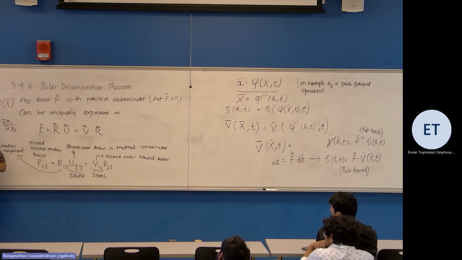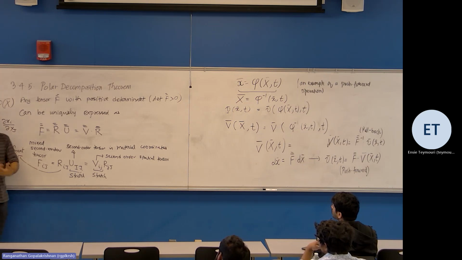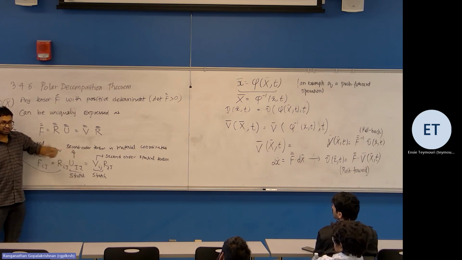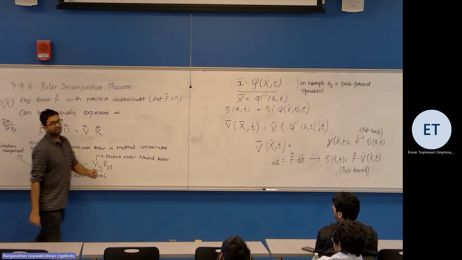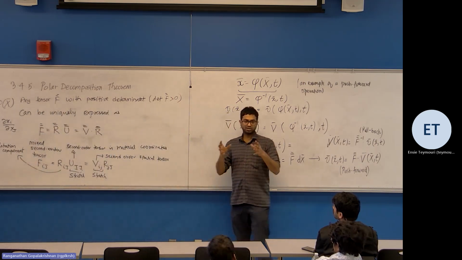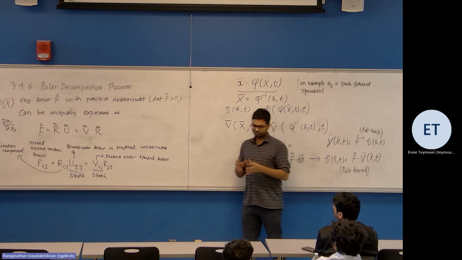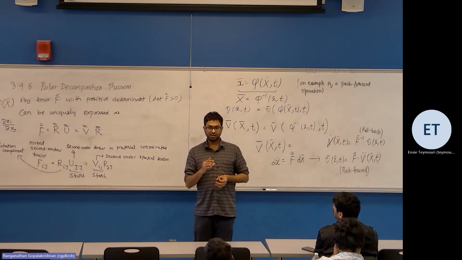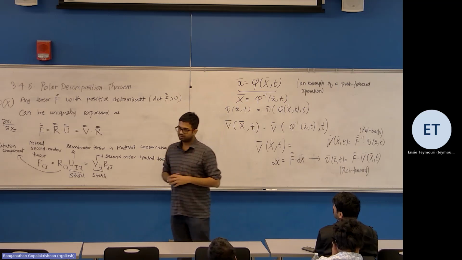So the first example I'm trying to give you is that empirically, you can get F. Once you get F through the operations that we are going to see now, you can decompose it into a rotation tensor and a stretch tensor in either coordinates. Looking at the rotation tensor, if it is a unity tensor, it means no rotation, it's just pure stretch. What if your rotation tensor has three values non-zero along the diagonal, but those values are not one? What does that mean?